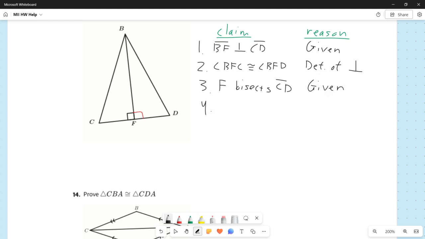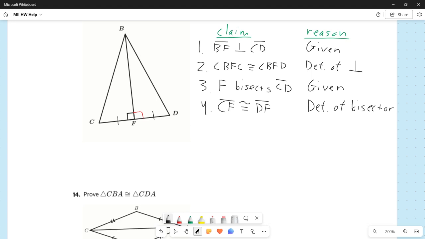Now, what does it mean to bisect? Well, bisect means to cut in half. So if F bisects CD, it means it cuts it in half, which means that CF is congruent to DF. So I'm going to go ahead and say that. CF is congruent to DF, and that's really just the definition of a bisector. It cuts it in half. If it didn't cut it in half, it wouldn't be a bisector.